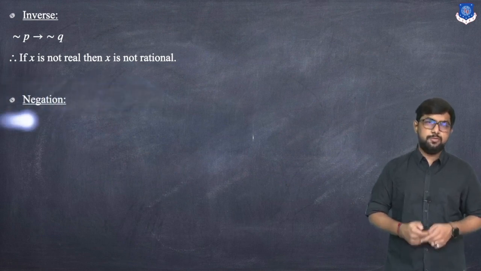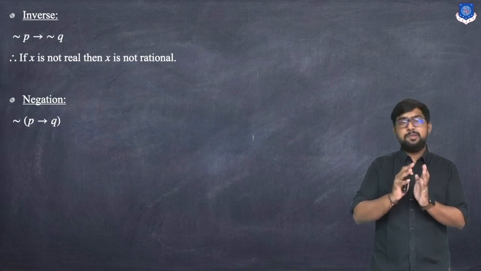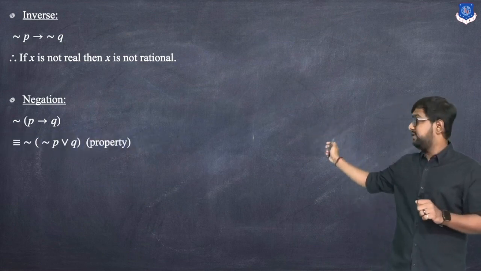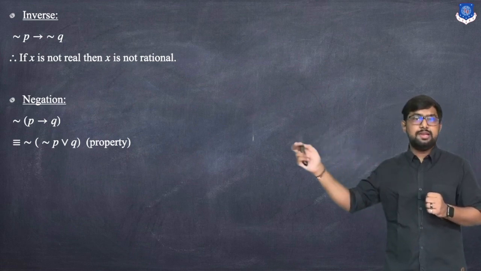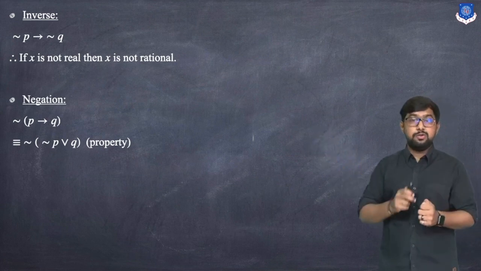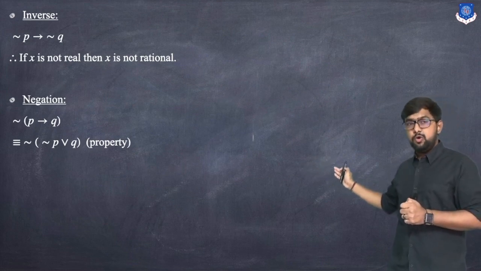Then the negation form. If P implies Q, see, this one is important. We have been given the statement P implies Q, so that means the negation of P implies Q. Now we will use one property that we will discuss in later sessions: P implies Q is equivalent to not P or Q. So the negation of (not P or Q).